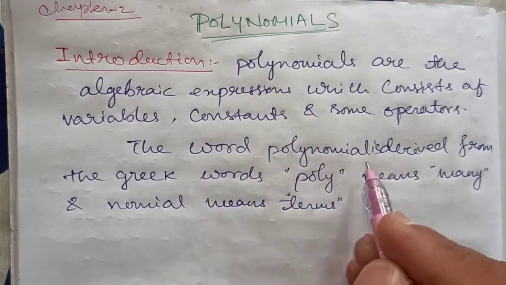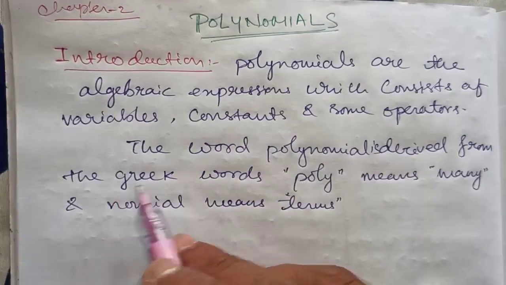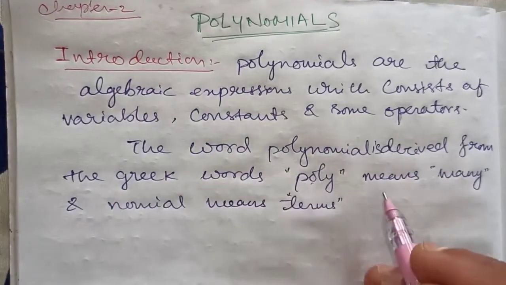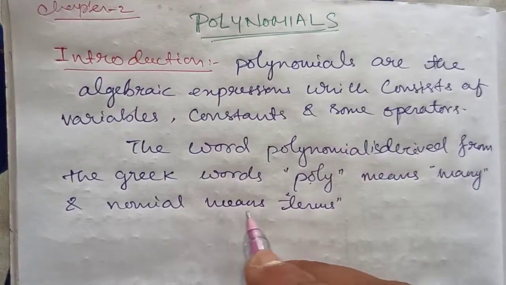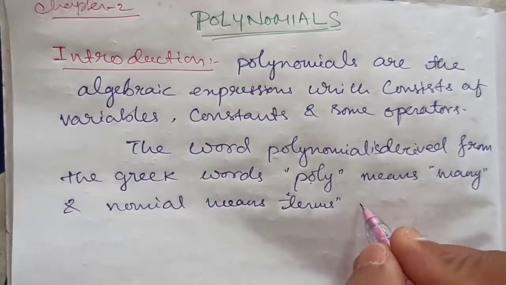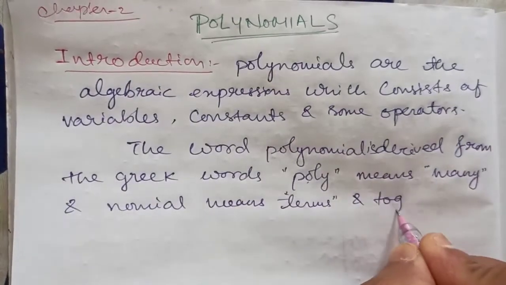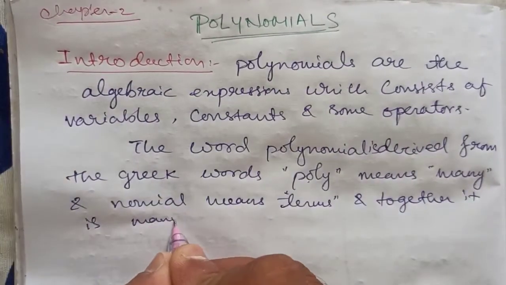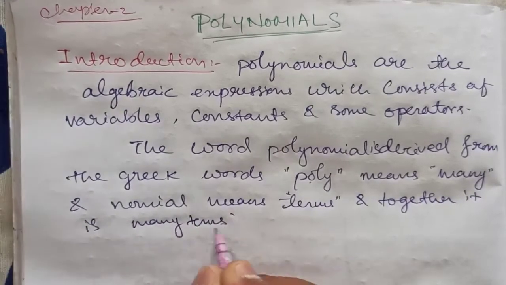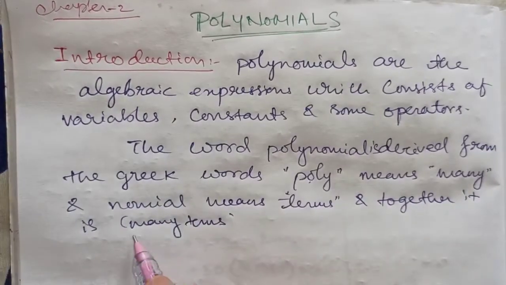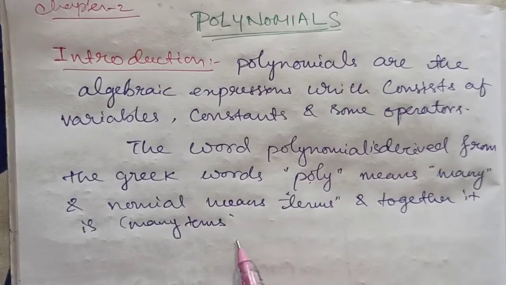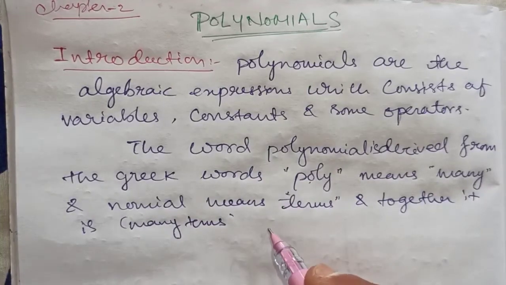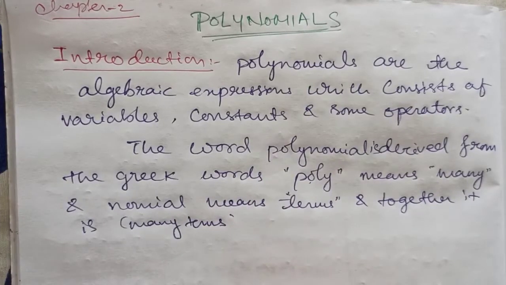The word polynomial is derived from the Greek words poly, meaning many, and nomial, meaning terms. If we join both, it becomes many terms. So polynomial means many terms. We will get many terms in polynomials.